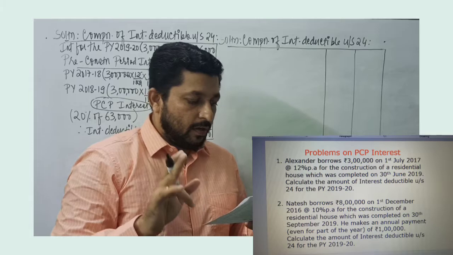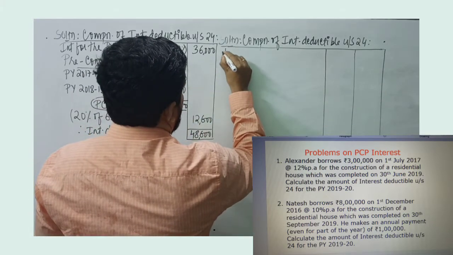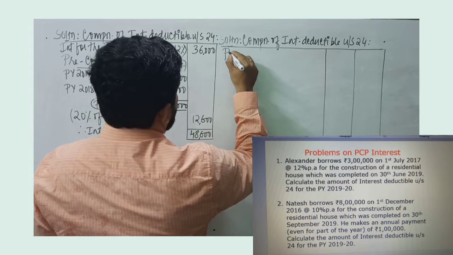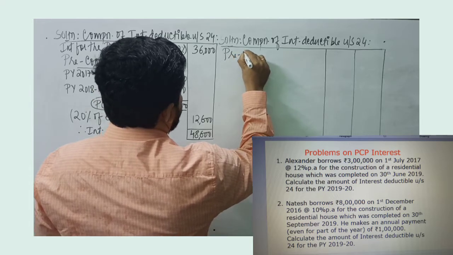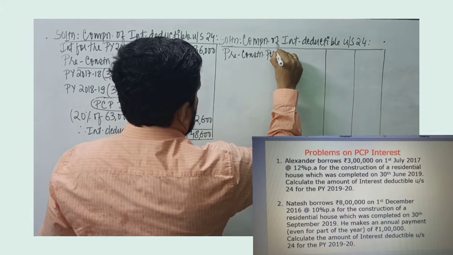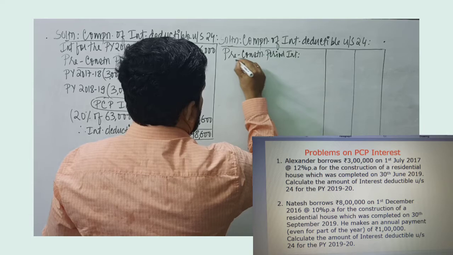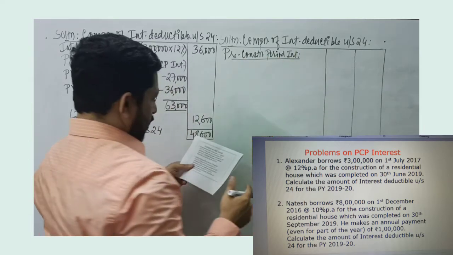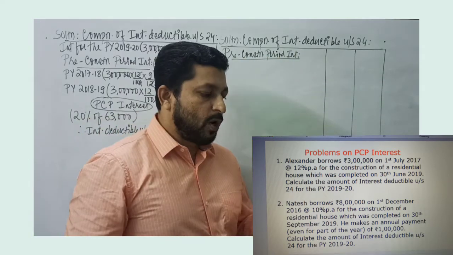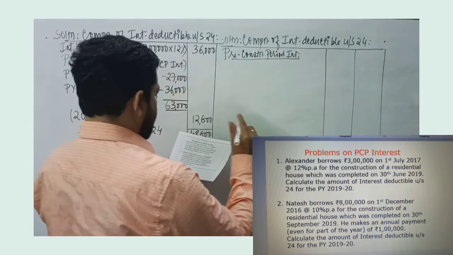Now first I will record PCP interest. First what we are going to do is we are going to calculate pre-construction period interest. Now Natesh is borrowing 8 lakh rupees on 1st December 2016.